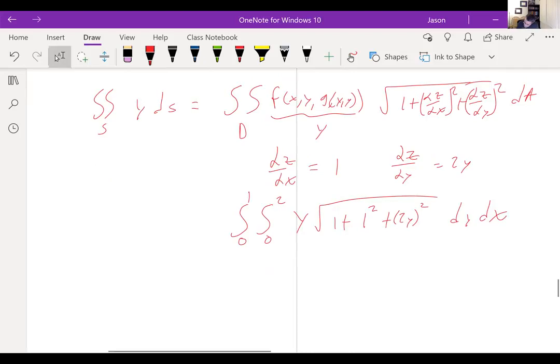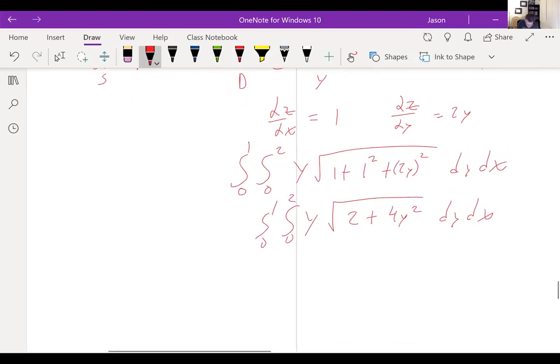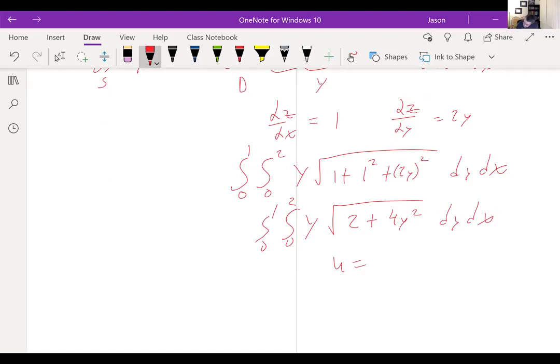So we've got y times the square root of 1 plus 1, which is 2, plus 4y squared, dy dx from 0 to 2, 0 to 1. Let's do a u-sub. u is equal to 2 plus 4y squared, so du is 8y dy.